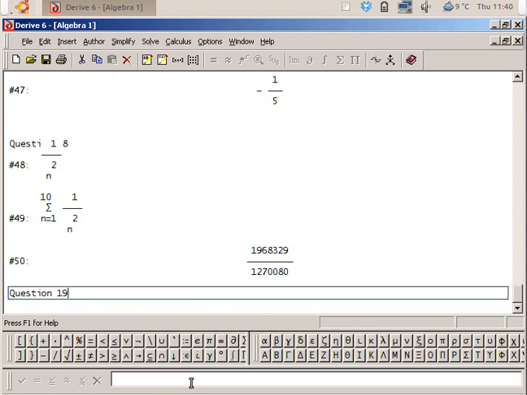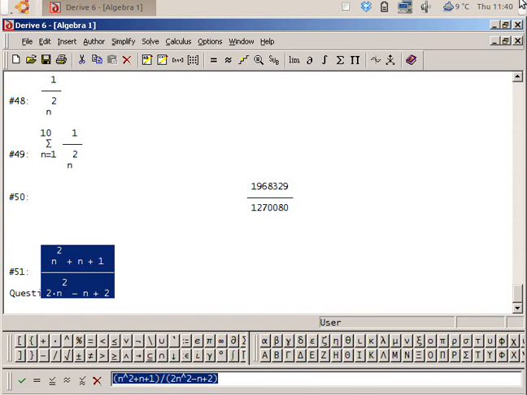Question 19. A limit now, so I need to type that big limit in here. So first you type in the function n squared plus n plus 1 over 2n squared minus n plus 2.